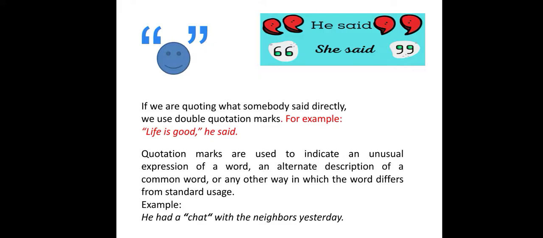Okay, when we start the double inverted comma, we should also end it. When we are quoting what somebody is saying, when we are quoting their words, at that time we use double inverted commas. Okay, and also when we are using some unusual expressions. So, I hope it will be understood by you all.